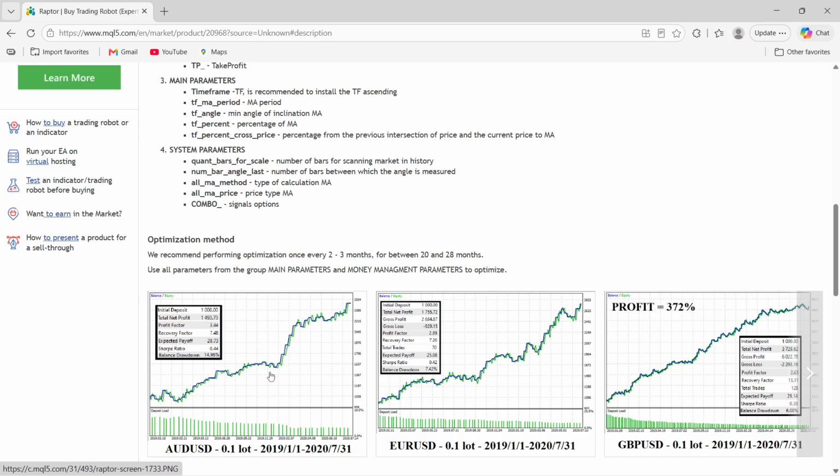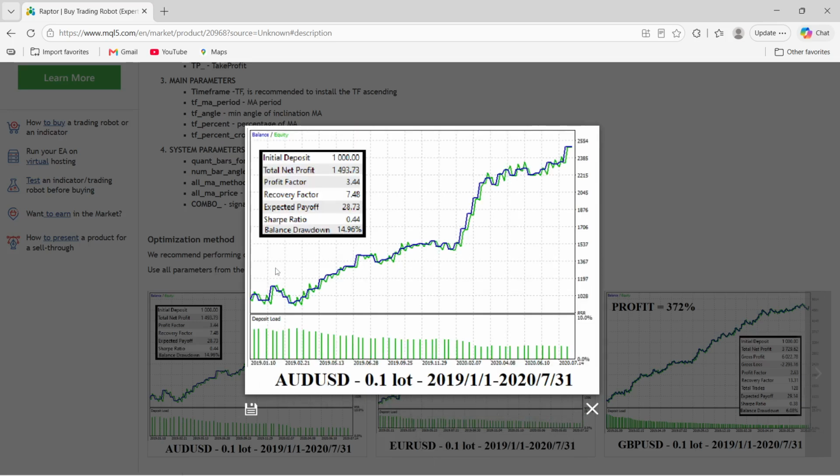Alright, so on this one, we have the AUDUSD 0.1 lots from the 1st of January 2019 to 31st July 2020. The initial deposit was $1,000 and the total net profit was $1,493. The profit factor was 3.44 and the balance drawdown was 14.96%.